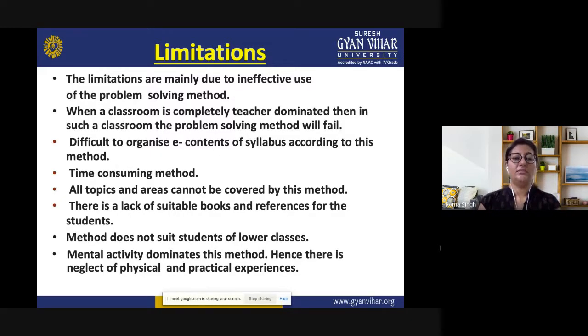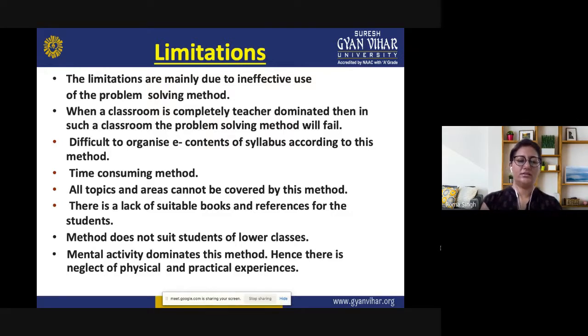There are certain limitations also, so that at certain times this method is not utilized properly. The limitations are mainly due to ineffective use of this problem solving method, because our teacher trainees are not aware how to utilize this teaching method, and how to convey to their students how to utilize this method. When a classroom is completely teacher dominated, the problem solving method will fail.